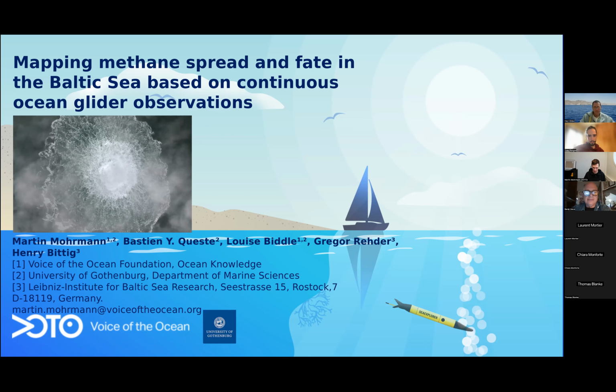Shortly after this leak started, we went there and collected in situ measurements with our gliders continuously after the events for about 3 months. Today I will present these observations and then some modeling that I did based on these observations.